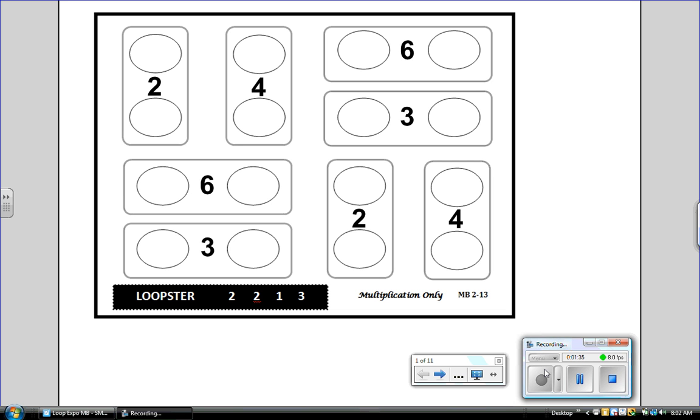They are the number of the table that this loopster is specific to. So for example, one of the two two times table specific loopsters is the loopster 2213. That means in every row and every column you have 2 2s, 1 1, and 1 3. The logic, however, remains the same, and then we'll proceed to show them one.